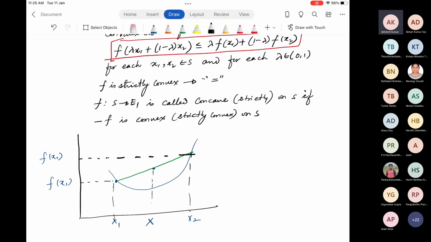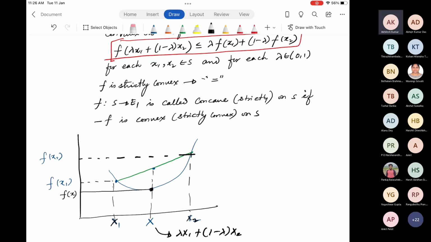Now, let me call it f of x. So what this statement says, f of lambda x1 plus 1 minus lambda x2, that is, the functional value of a convex combination of points should be less than or equal to the convex combination of the functional values. So these 2 points x1 and x2 give you a point x, which is lambda x1 plus 1 minus lambda x2.